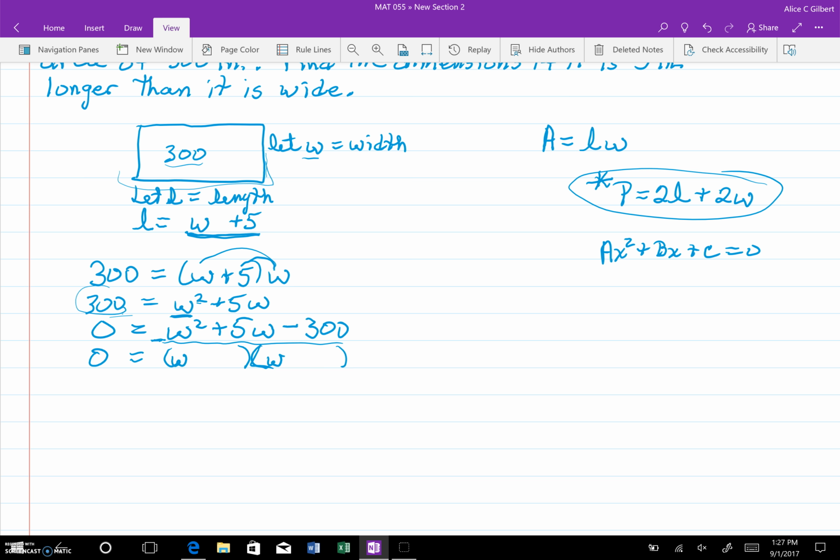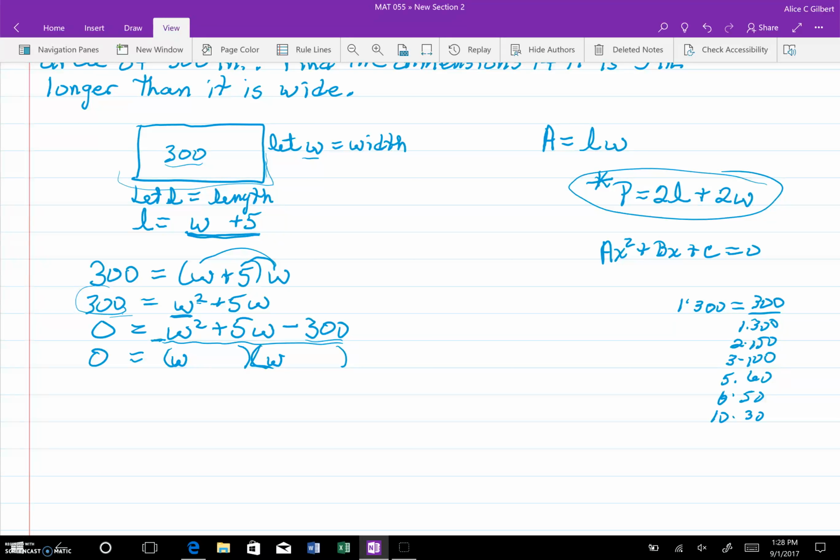So I'm going to put a w in the front of each one. 1 times 300 equals 300, and let's find all our factors. 1 times 300, 2 times 150, 3 times 100, 4 doesn't go into it, 5 times 60 is 300, 6 times 50 is 300, 7 doesn't go into it, 8 doesn't go into it, 9 doesn't go into it, 10 goes into it 30 times.